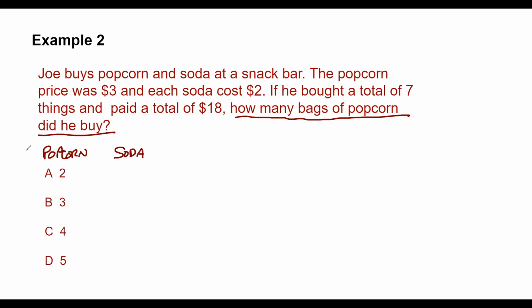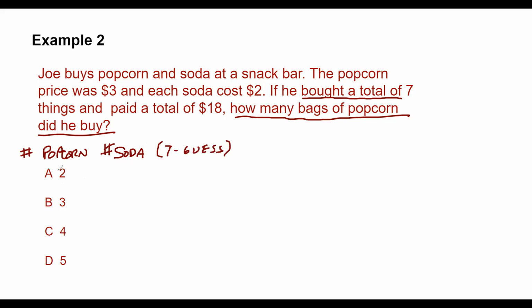Once again, this is the number of popcorns. This is the number of sodas. And if we bought a total of 7, we can find the number of sodas by subtracting our guess from 7. 7 minus the guess.